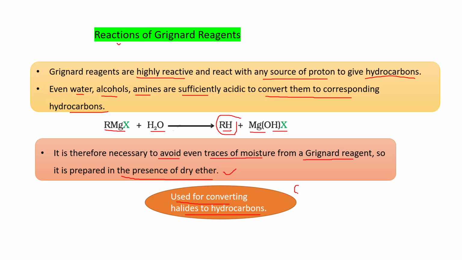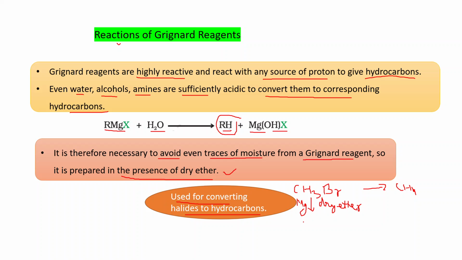How? Okay, if you are given CH3Br, how will you convert this into CH4? Then what will you do? First, this will react with magnesium in the presence of dry ether. Okay.